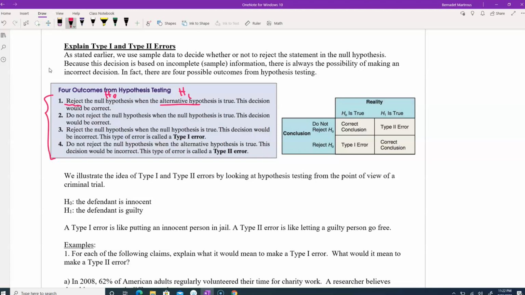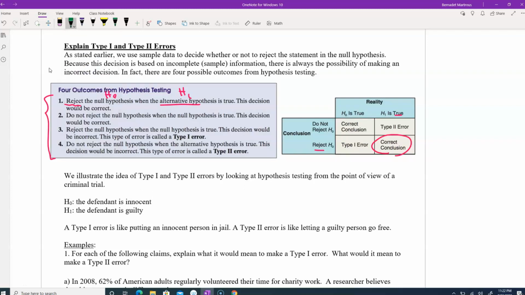We have exactly the same thing here. So rejecting H naught is this part, and here we have H1. So H1 is true. Based on this and that one, we have a correct conclusion.